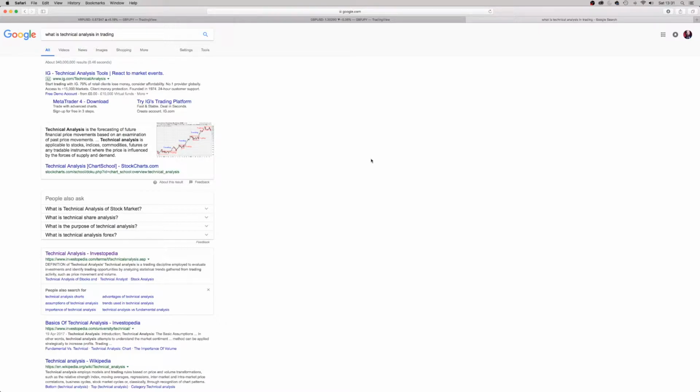Now, the reason technical analysis does work is because the market is made up of people like you and me, banks, institutions. It's people that are buying or selling at any given moment. When people are looking at the same thing or they see the same patterns emerge, this is why you see certain patterns or certain movements in the market repeat themselves time after time, because people are all looking at the same thing.